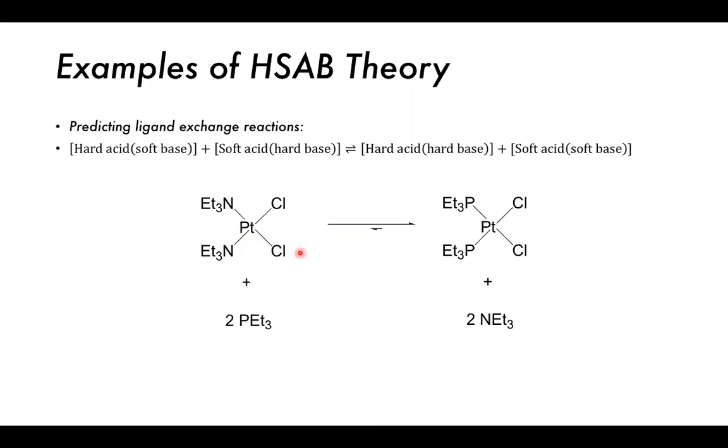And then we're combining that with, or seeing if the ligand exchange reaction will occur, which will exchange the platinum ligands for the phosphorus. And so we have to look at the phosphorus and say whether or not that is a hard or a soft ligand. The phosphoruses typically are soft. And then we would be looking to see whether the nitrogens would be replaced, so whether this reaction would take place.